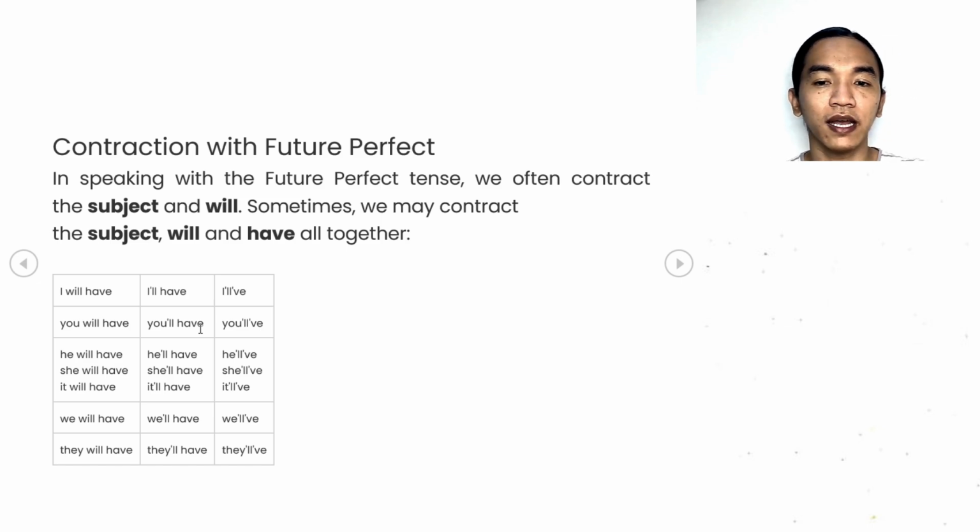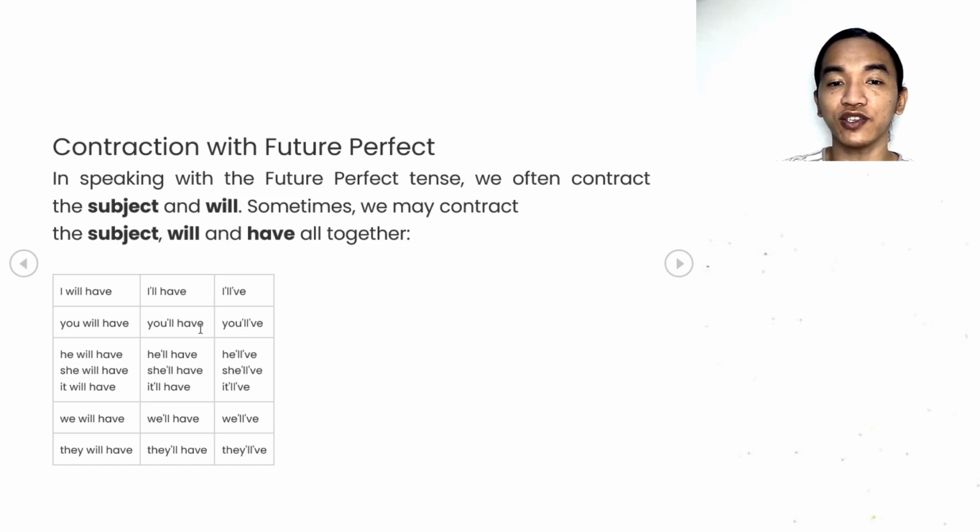So you can also contract subject, will, and have all together, I'll've, but we don't use that normally. You will have, we just say you'll have. Next, he will have, she will have, it will have, he'll have, she'll have, it'll have.